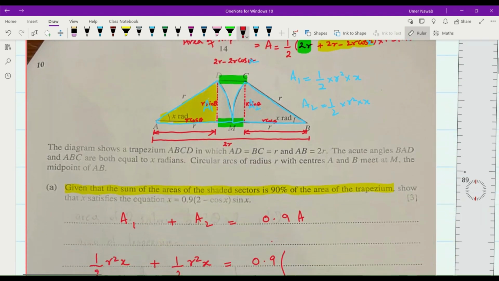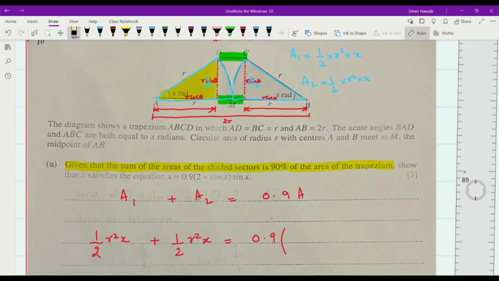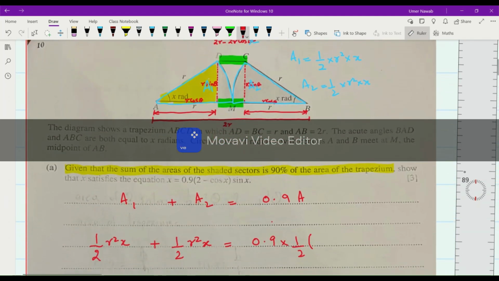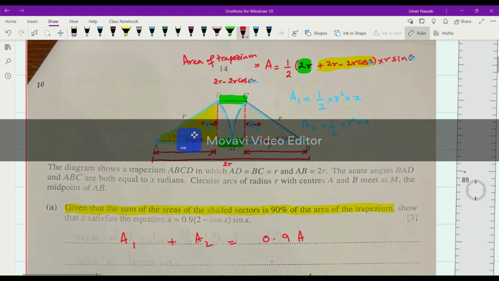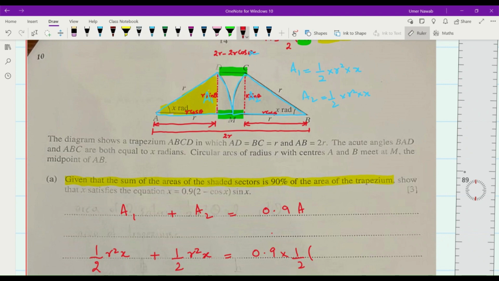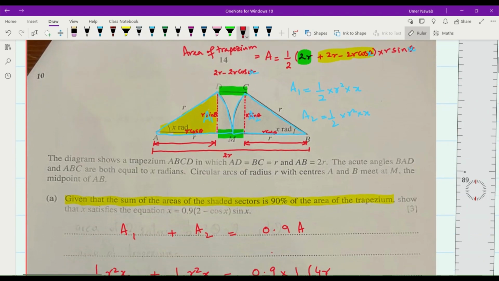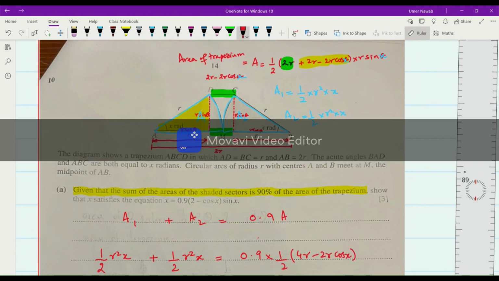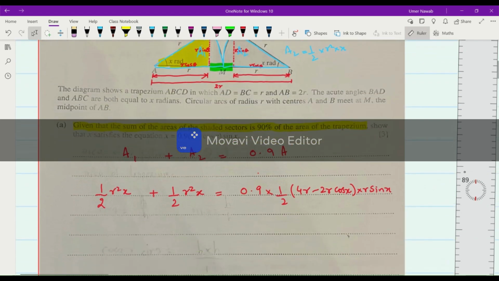We found it. Let me copy it here. No need to put the brackets. Half times 2r plus 2r. Why not? I can write 2r plus 2r as 4r. So 4r minus 2r cosine of x, and then multiplied with r sine of x.